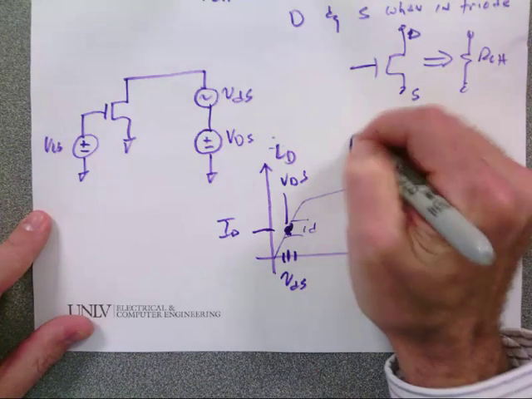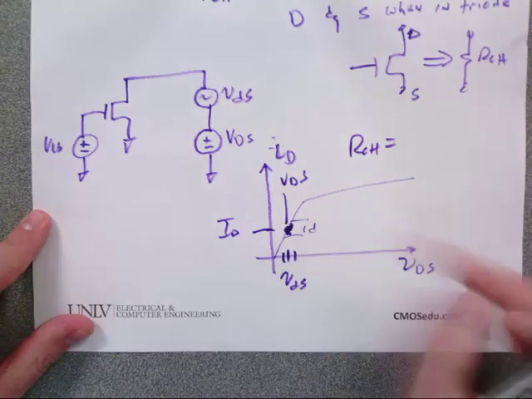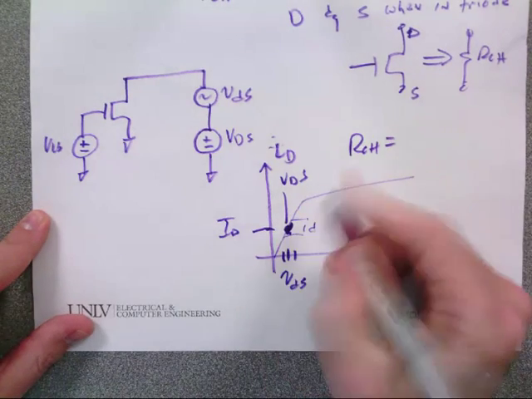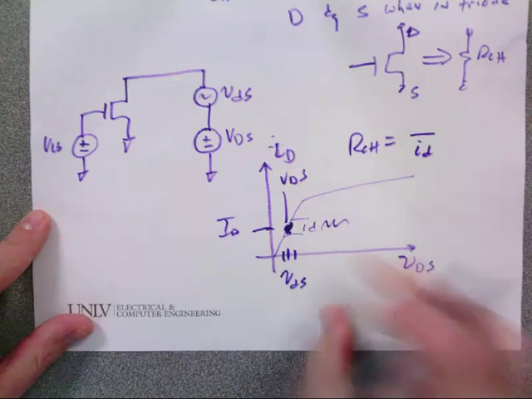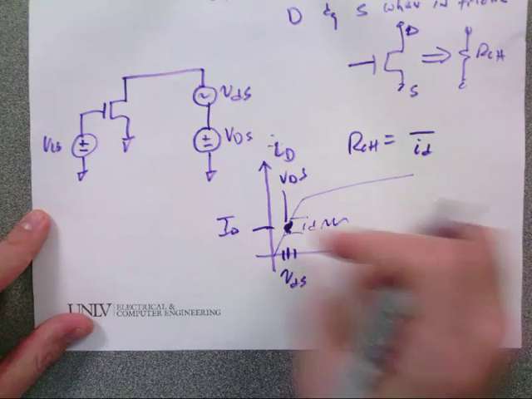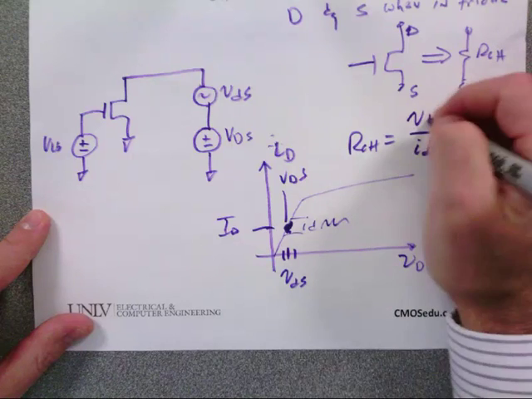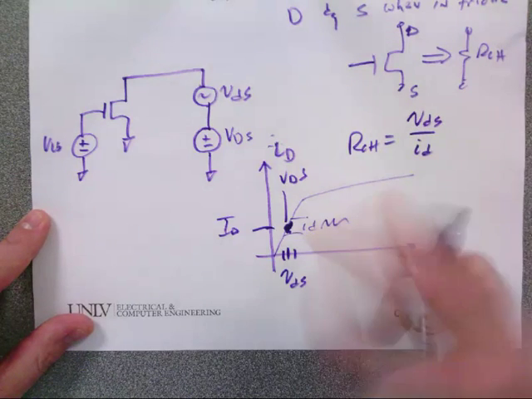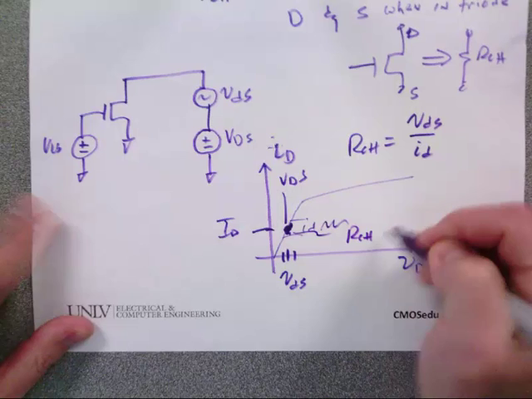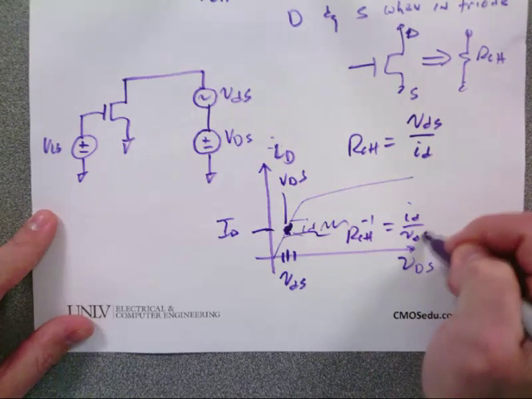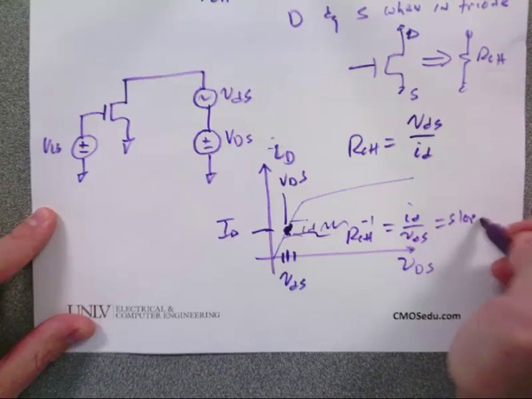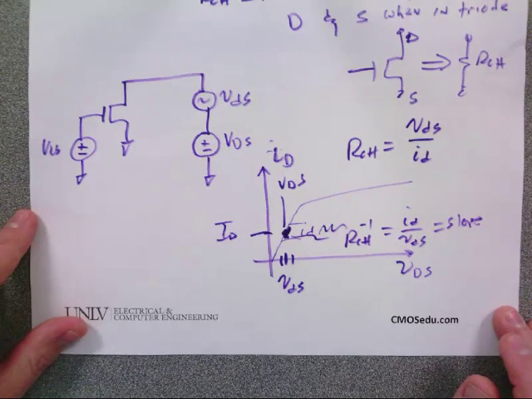Then I say, okay, R channel is 1 over the slope. What is the slope? This wiggle back and forth is ID. That's this axis. And the run is VDS, and R channel is 1 over the slope. Everybody follow?